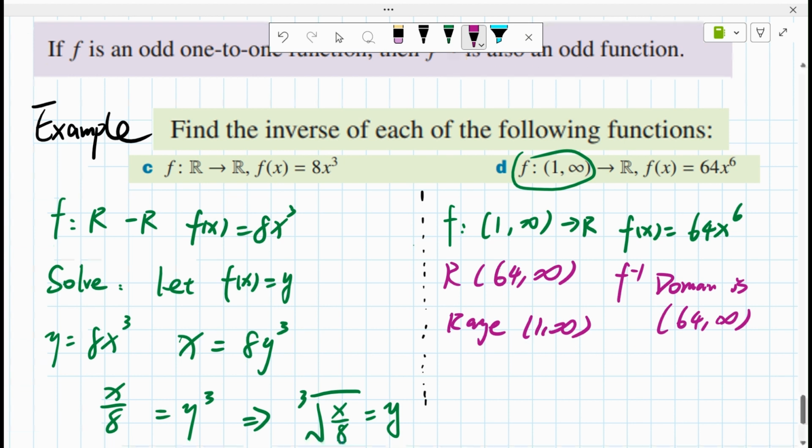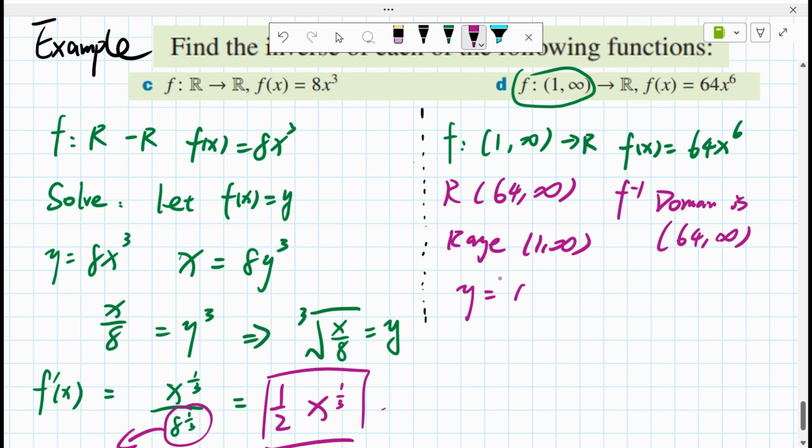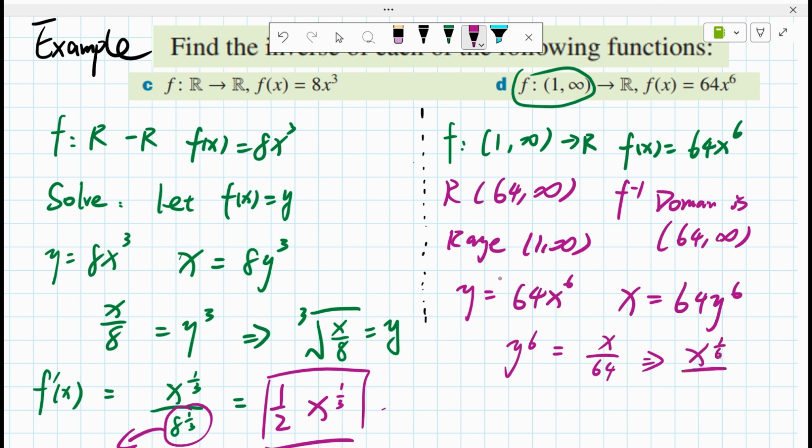So we can rewrite as y equals 64x to the power of 6, and x equals 64y to the power of 6. That's the inverse, swapping them, so y to the power of 6 equals x over 64, and taking the sixth root of both sides, we get x to the 1/6 over 64 to the 1/6, and that equals y.